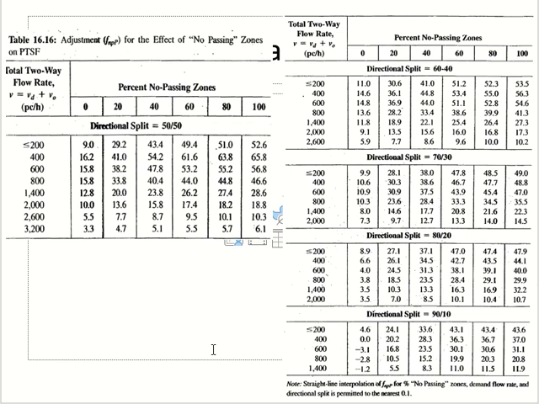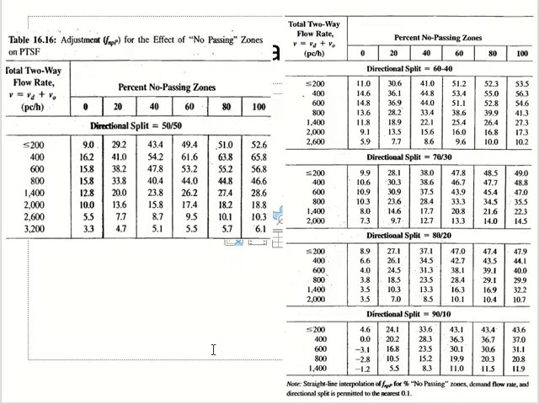Got it? Okay? Sometimes you see these white lines between the two directions, sometimes they put a board: no passing, or passing zone. Clear? Okay? So this table will give you FNP. If you want to calculate PTSF, percentage time spent following, it is used in class 1 and class 2.